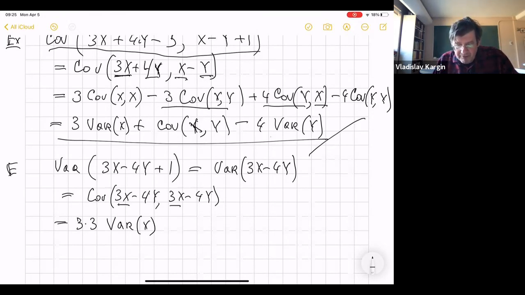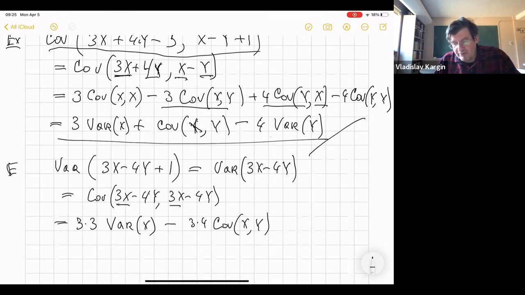After that, you'll have minus 3 times 4 covariance of x and y, but it will be twice, like taking a binomial formula.